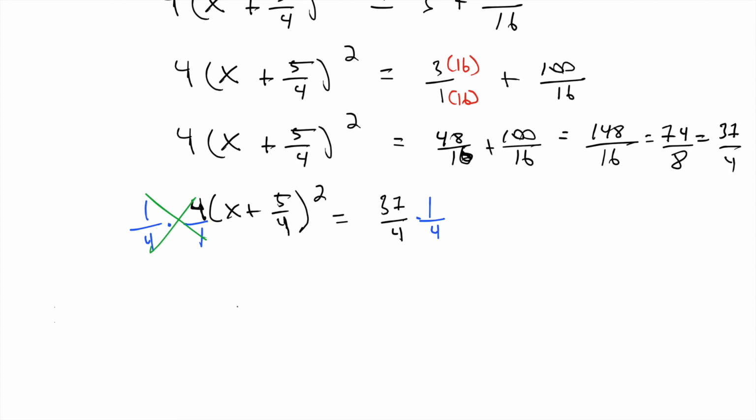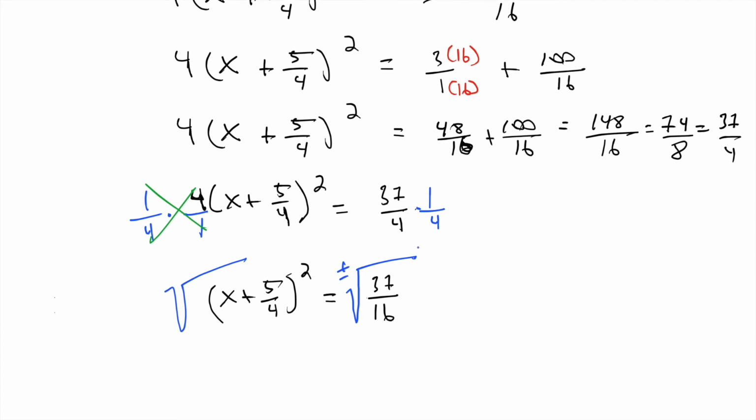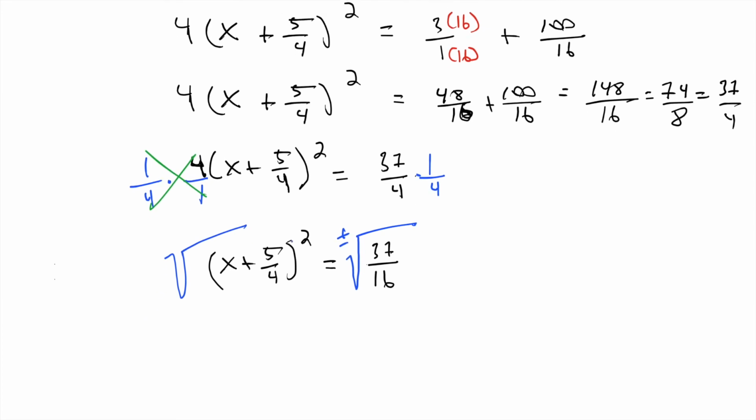And then you would end up with x plus 5 over 4 squared equals 37 over 16. Right? Now you square root, then what do you do? Yeah, plus or minus. Don't forget that. Plus or minus root. Then the root kills the square.